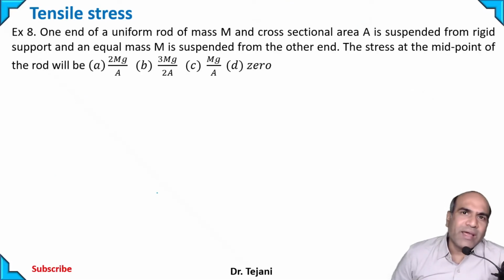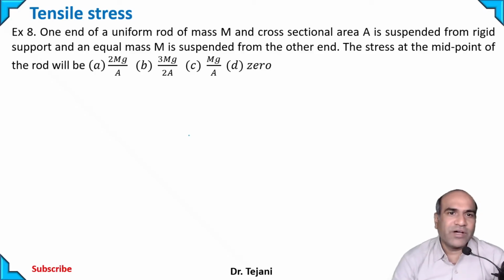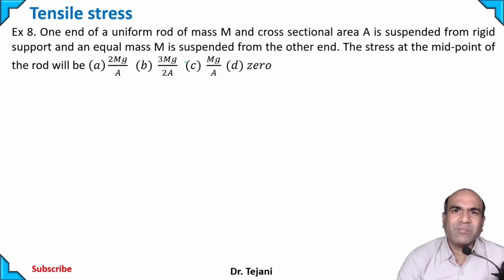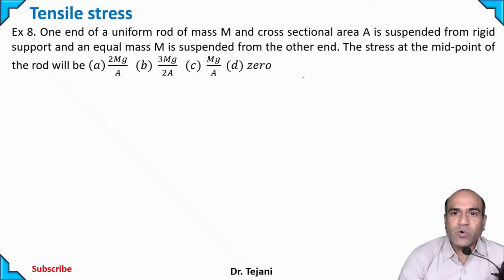We have one more example, number 8. One end of a uniform rod, that means a bar, of a mass m, mass is given, and a cross-sectional area a, area is given, is suspended from a rigid support.